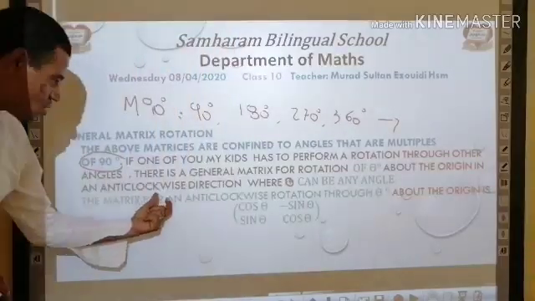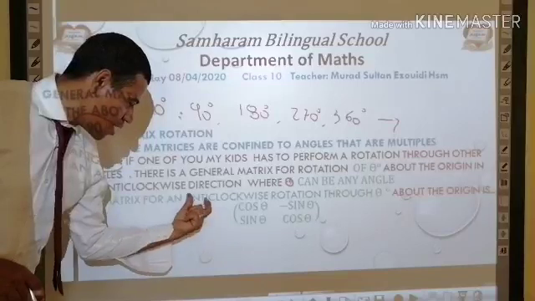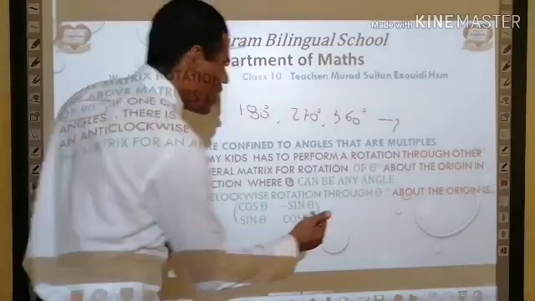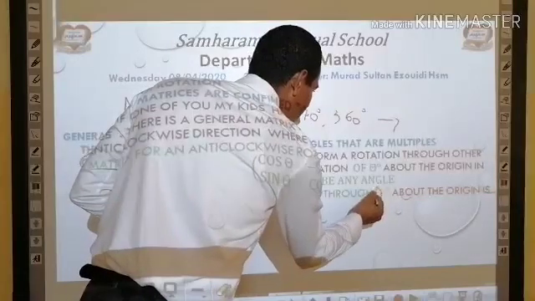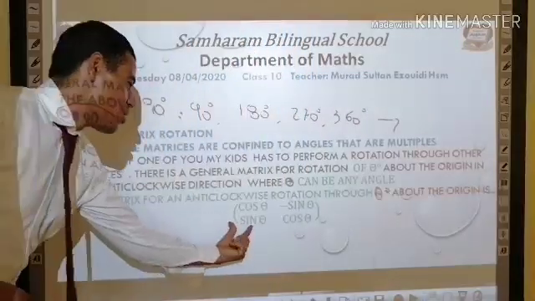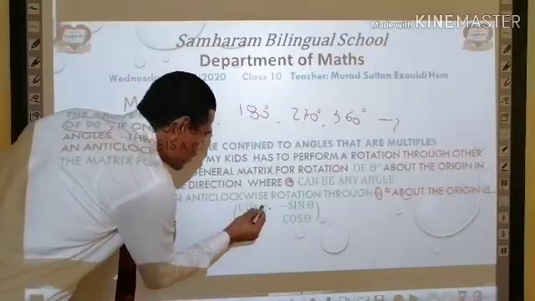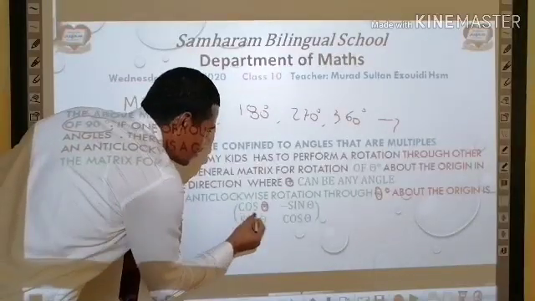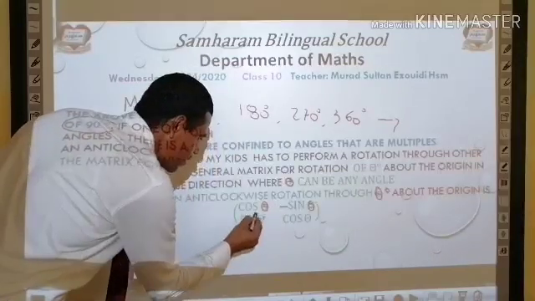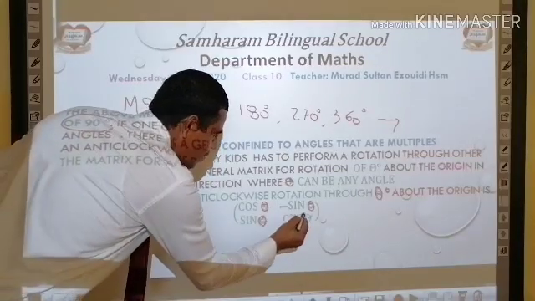The matrix for an anti-clockwise rotation through theta about the origin is this one: cosine of theta, minus sine of theta, sine of theta, cosine of theta.